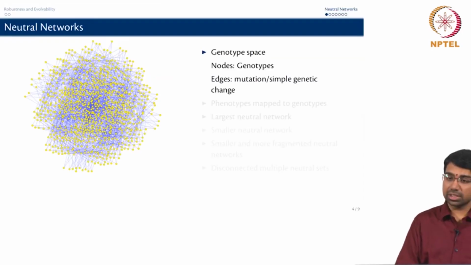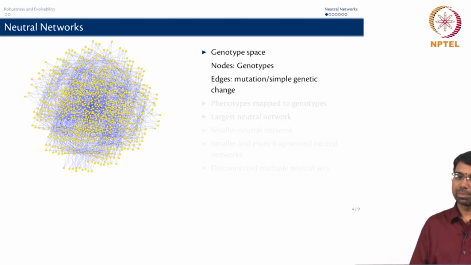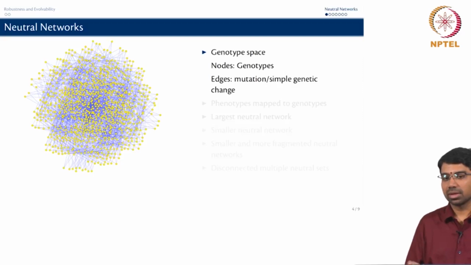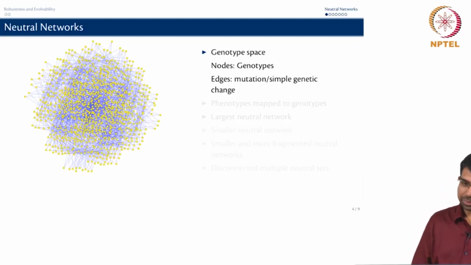So, if this were the genotype space for size 5, how many nodes would we have? 4 to the 5, or 2 to the 10, which is 1024, so you will have about 1000 nodes here. And how many edges will you have? Every node will have 15 edges to each of those neighbors.